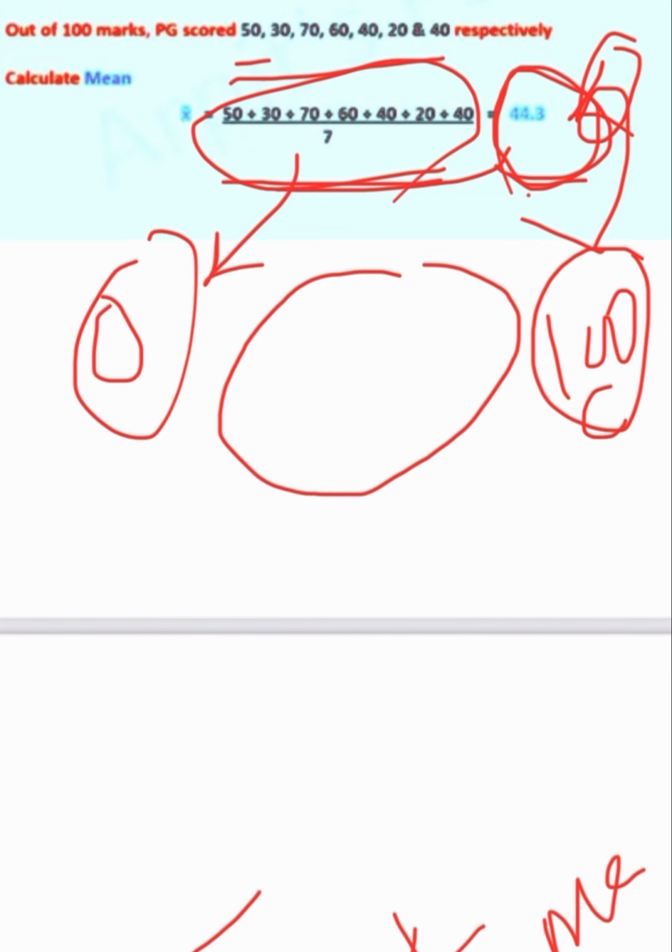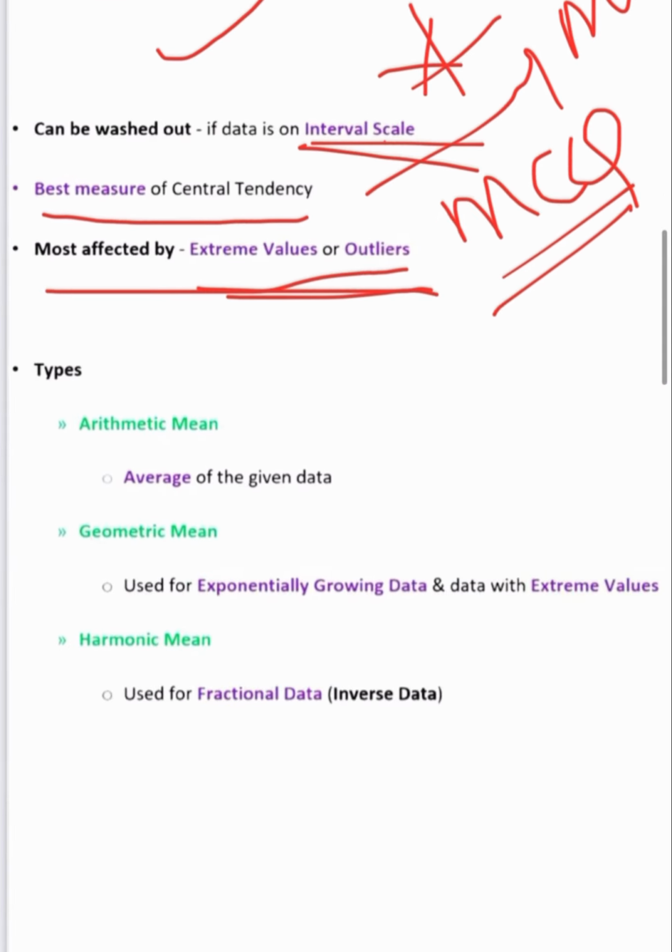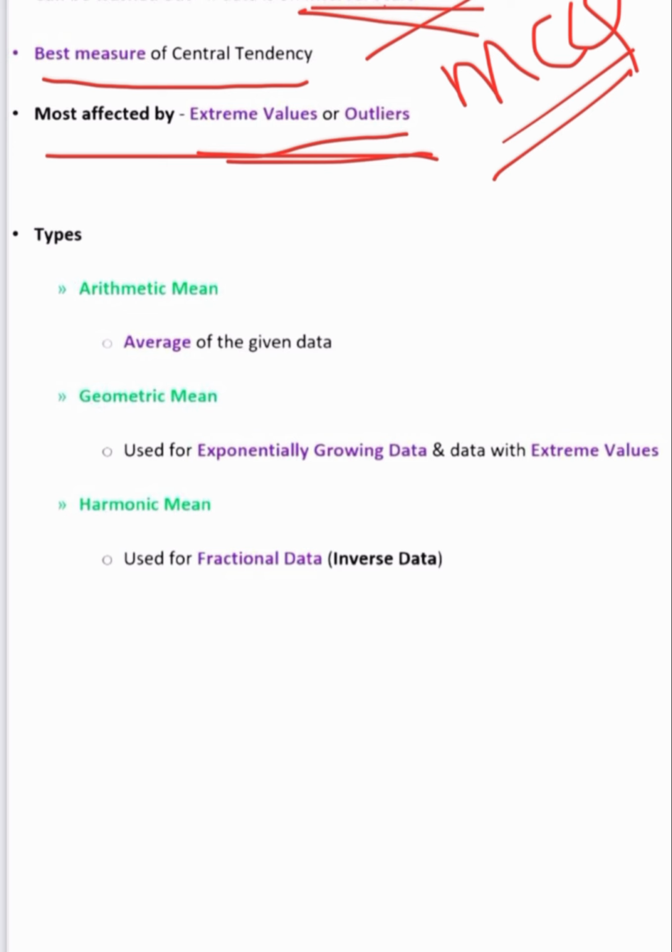So 0 and 100 become outliers, meaning the values are not close to your other values.